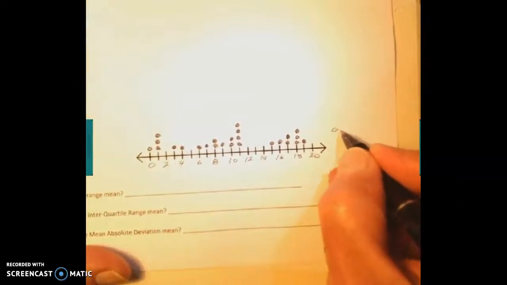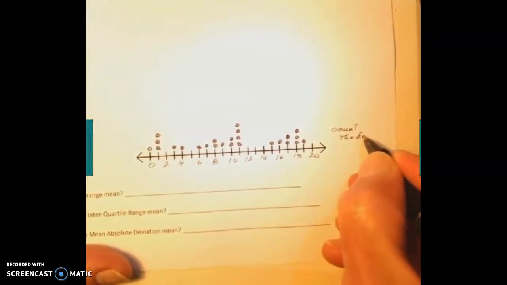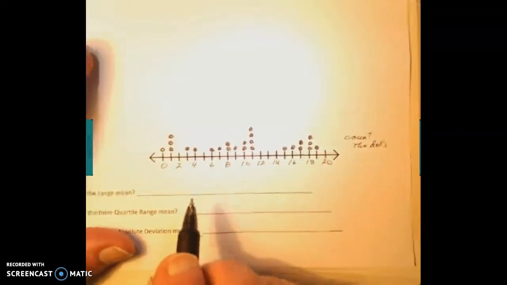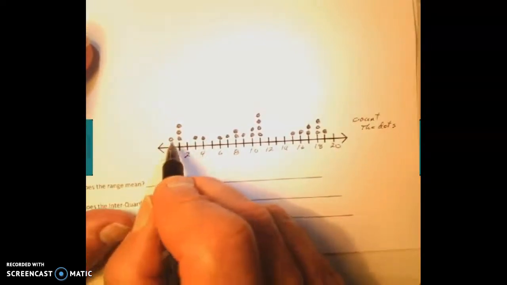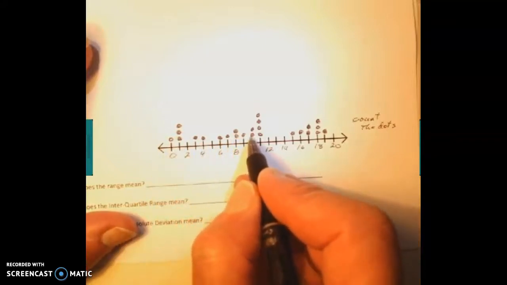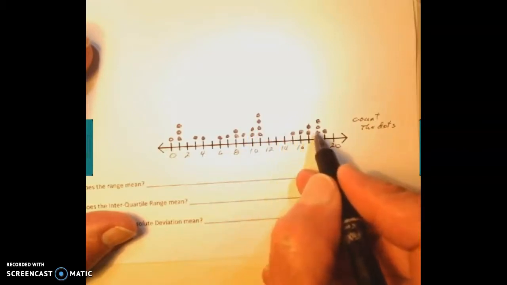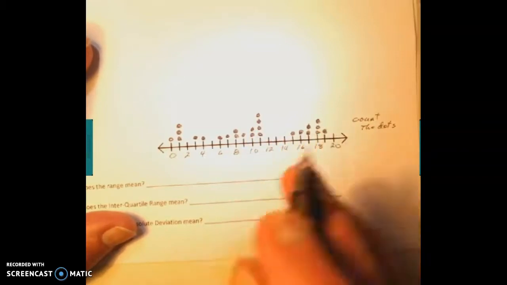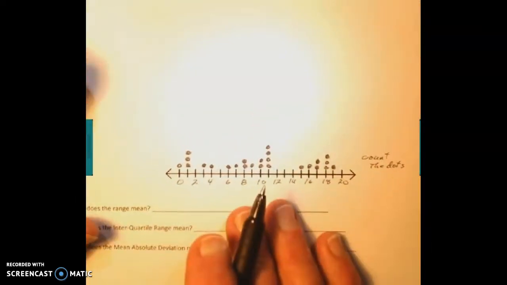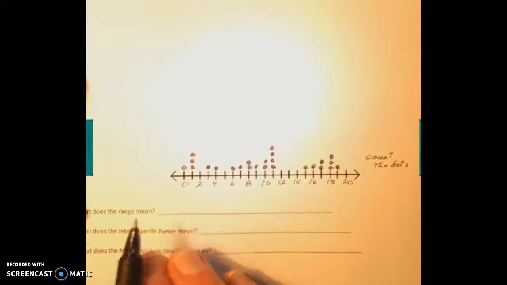And again, I would urge you, count the dots. Make sure that you've got 25 dots on here. 1, 2, 3, 4, 5, 6, 7, 8, 9, 10, 11, 12, 13, 14, 15, 16, 17, 18, 19, 20, 21, 22, 23, 24, 25 dots. I had 25 pieces of data, so it looks like I've got all of my points accounted for.